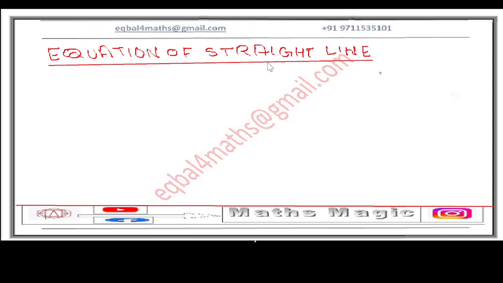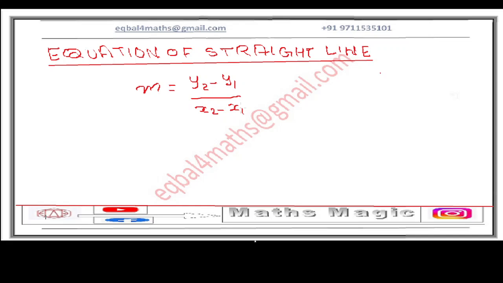So let me introduce you to the basic formula of the gradient: m = (y2 - y1) / (x2 - x1). It's a very simple formula which you can use to find the gradient.